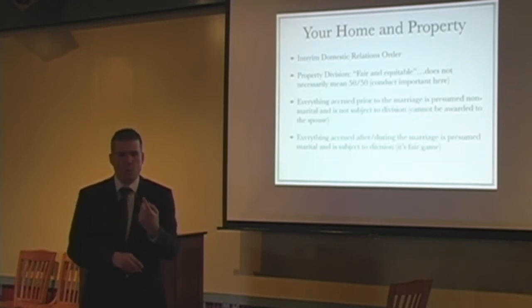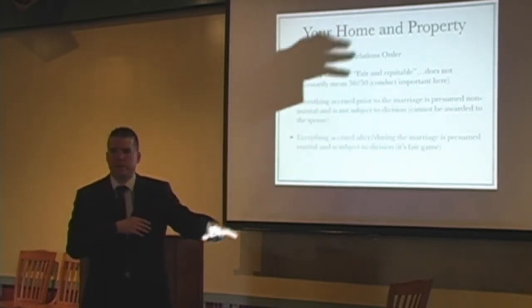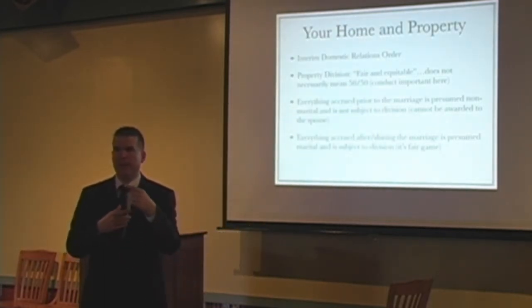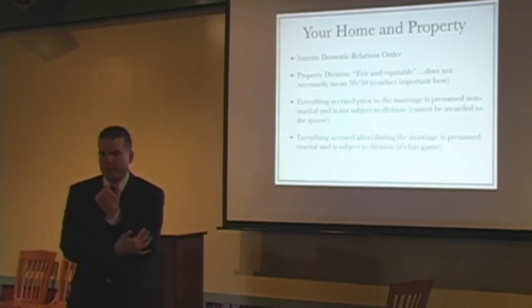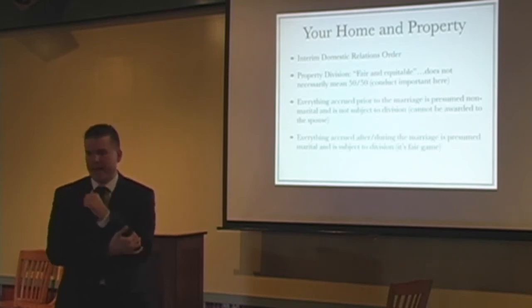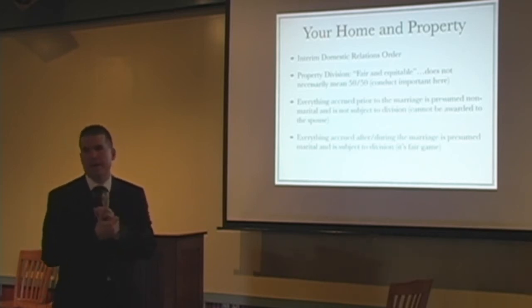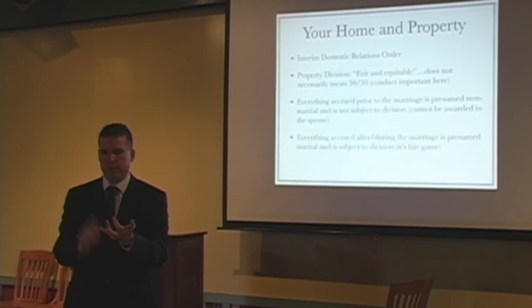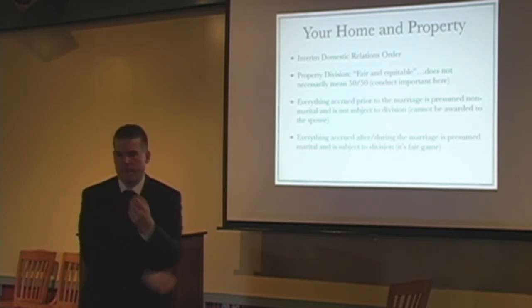In other words, if wife has a car that she obtained prior to the marriage, then she's going to keep the car no matter what it's worth and no matter what her conduct was. Everything accrued or obtained after and during the marriage is presumed marital property and essentially is fair game. It's subject to being divided. That includes retirement accounts, that includes savings accounts, and that includes accounts for children.